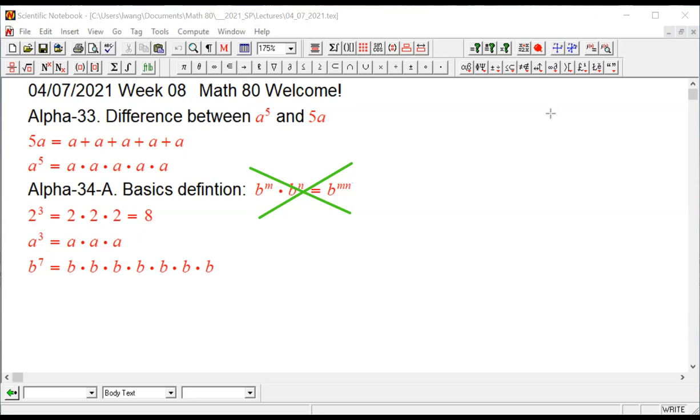So this is a terrible mistake, and I totally didn't expect it from a pre-calculus class. Let me write it down. I don't want you to remember this mistake, I want you to see why it is a mistake.